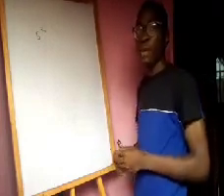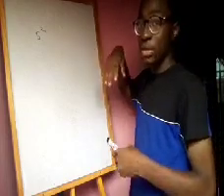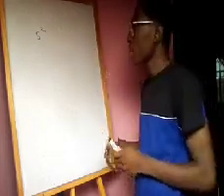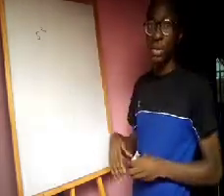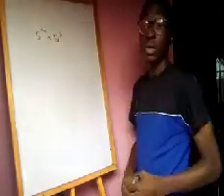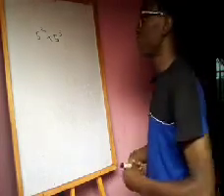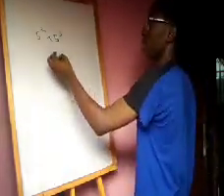Now anytime you have numbers multiplying each other, there are things you can do to the powers. For example, if you have 5 raised to power 2 times 5 raised to power 3, so what do you do?